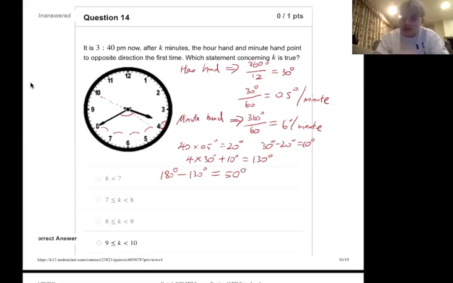It's like a chasing game. So 50 degrees divided by the speed difference of the minute hand and hour hand, which is 6 degrees minus 0.5 degrees. That will give us an answer of 9 point something, which corresponds to solution 4. k is between 9 and 10.